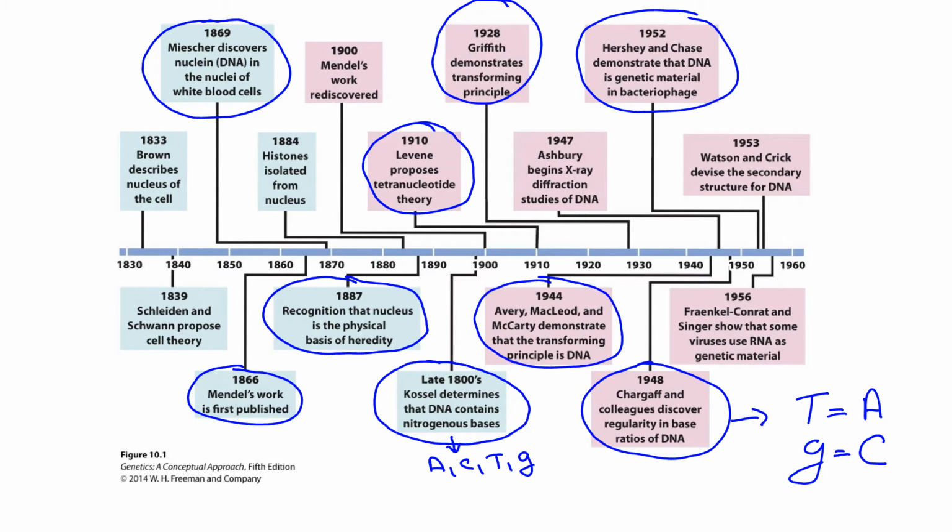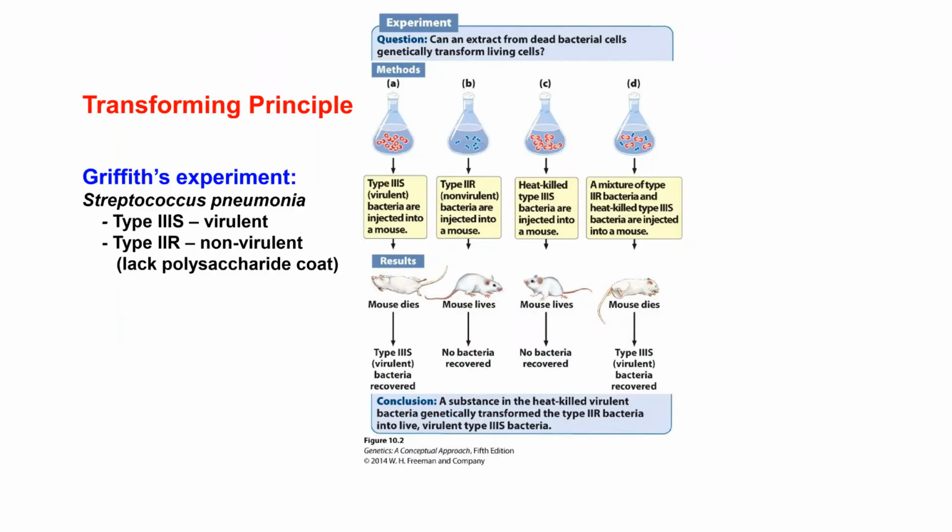We will now discuss sets of experiments which provided evidence that DNA rather than protein was the genetic material. Before we go there, I want to point out that at the beginning of the 20th century, it was already known that chromosomes are carriers of genetic information.